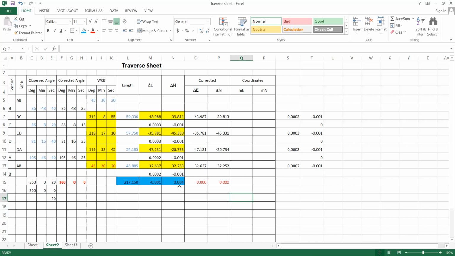It is not the exact linear misclosure, it is the linear misclosure in east-west and north-south directions separately. When you take them separately, these are the errors, then you distribute them proportional to the length. So that is the summary, and those shown in white color are the corrections for each leg. Then you add these corrections and correct delta E and delta N. Finally, you end up with 0. And here you can see when you add those, it will be 0.